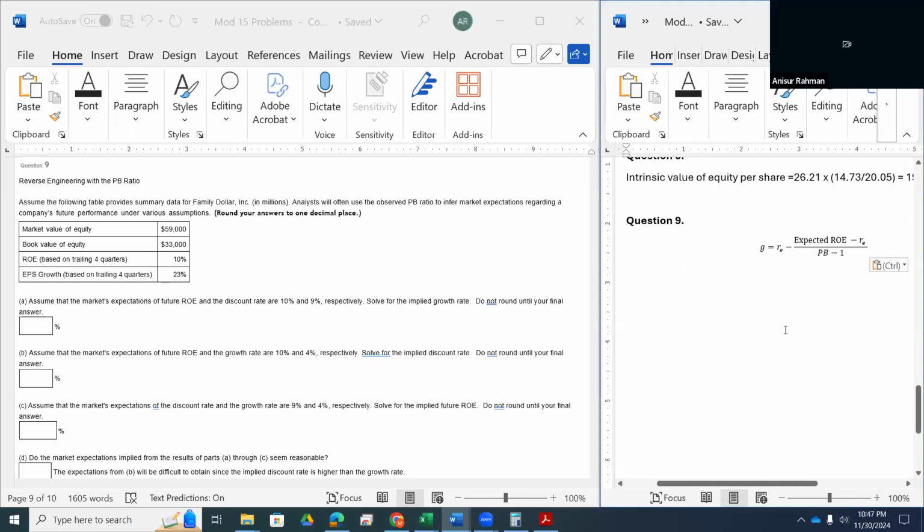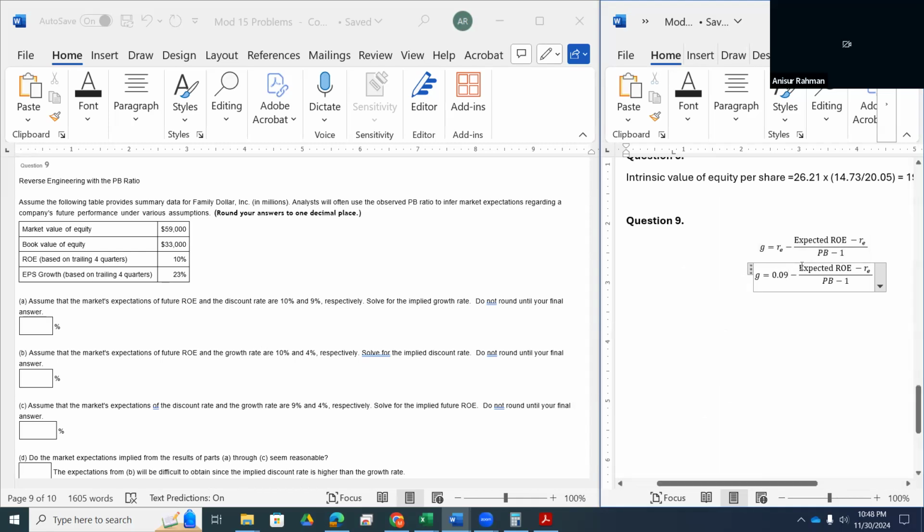So our RE is equal to the discount rate, which is 9%.